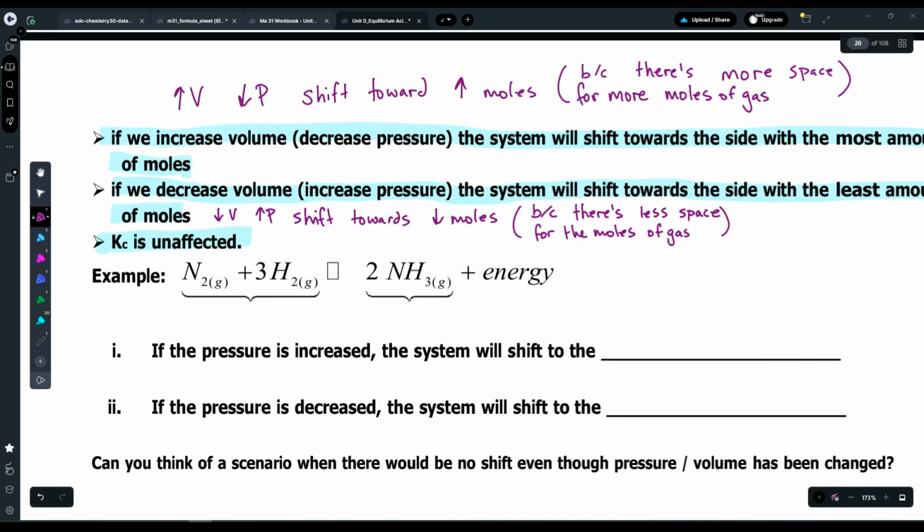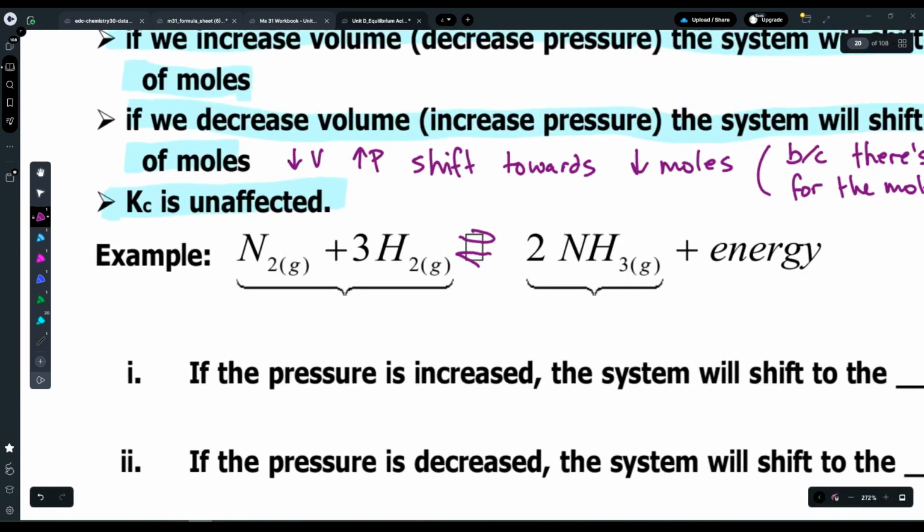So let's look at the Haber-Bosch process again, which is also just known as the Haber process. We have this equilibrium with nitrogen gas reacting with hydrogen to produce ammonia gas. On the left-hand side, if you really wanted a coefficient here, it would be 1 in front of the nitrogen. So we have 1 mole of nitrogen, 3 moles of hydrogen.